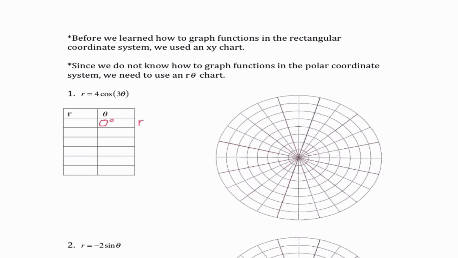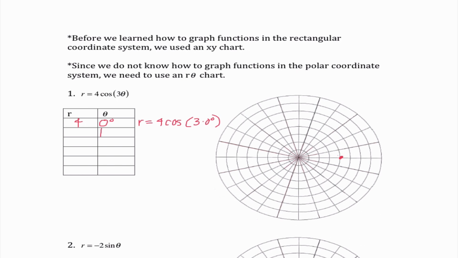So the first one I'm doing, r equals 4 times cosine of 3 times 0 degrees. So I'm really doing 4 cosine of 0, which is 4. So plotting a point of 4, 0 degrees means I'm going to the right 1, 2, 3, 4, and I'm not moving anywhere else.